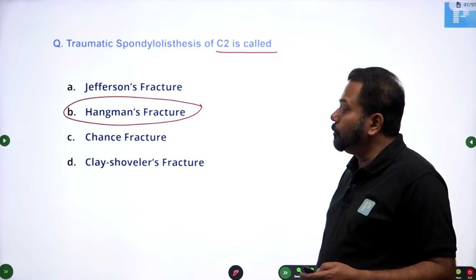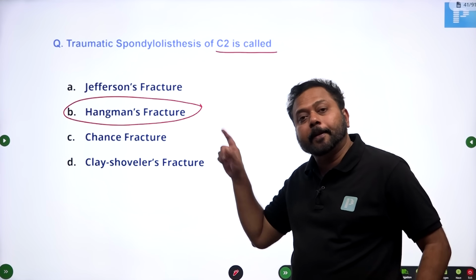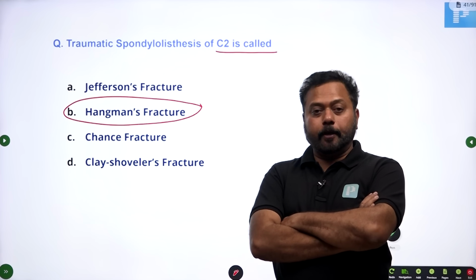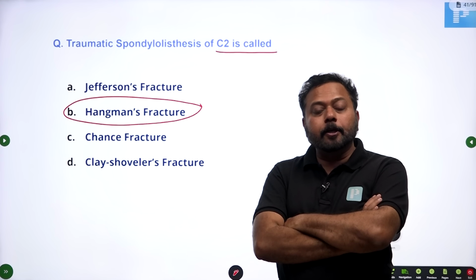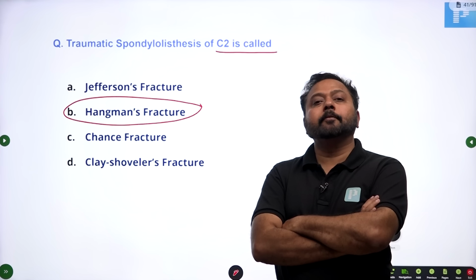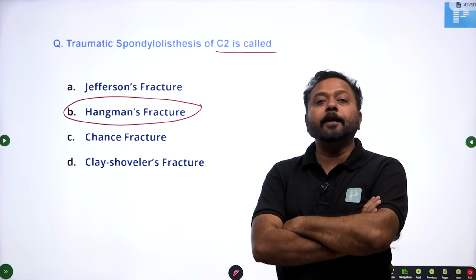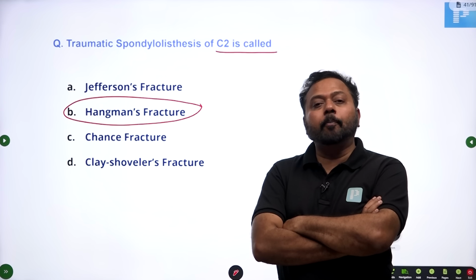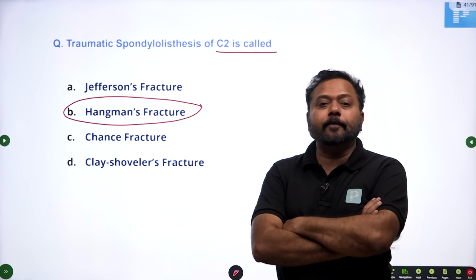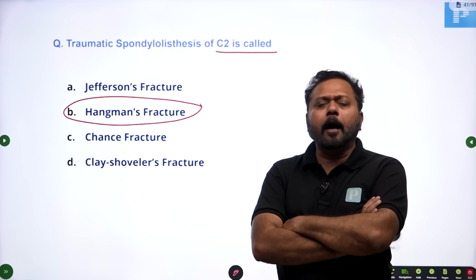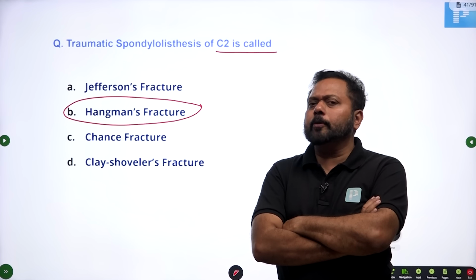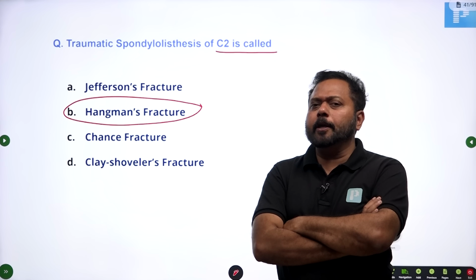Now I will tell you what is this Jefferson's fracture. Jefferson's fracture is burst fracture of C1. Burst fracture, B-U-R-S-T, burst fracture of C1 is called Jefferson's fracture. Absolutely no neurological deficit, because it is happening in the atlas, no neurological deficit.